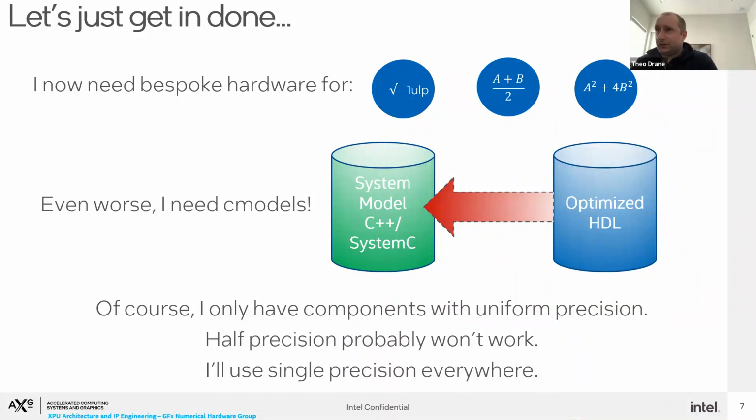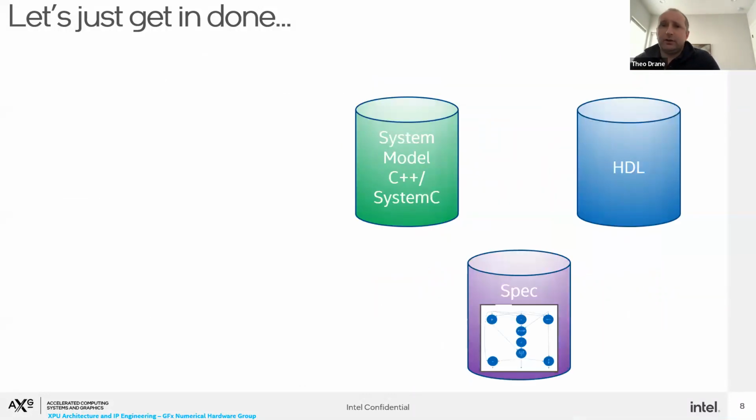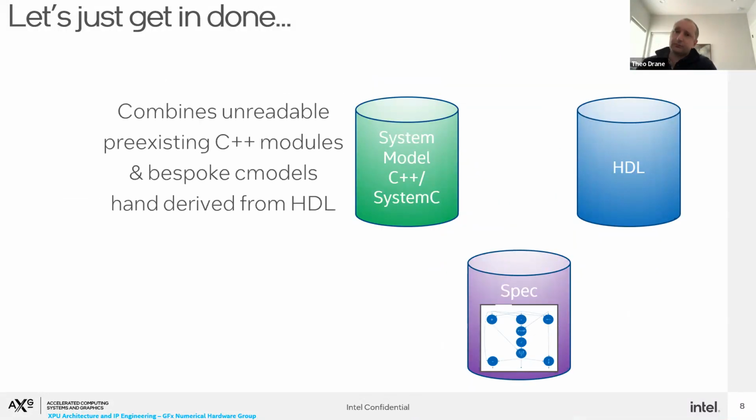And if we're stuck with the normal precisions, we would end up just choosing, say, between half precision and single precision. But really, it depends on what the components we have lying around are. So in reality, what happens for these kind of fixed functions is we end up with some very unreadable, sometimes bespoke C models, and some of it's actually hand-derived from the HDL itself.